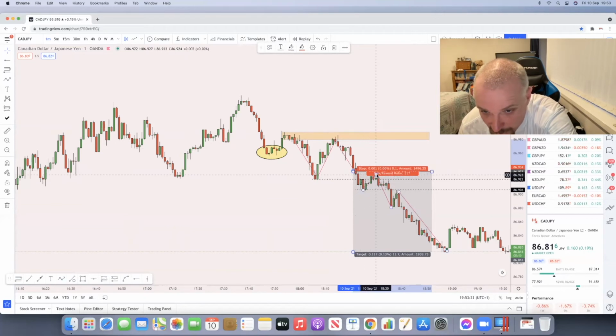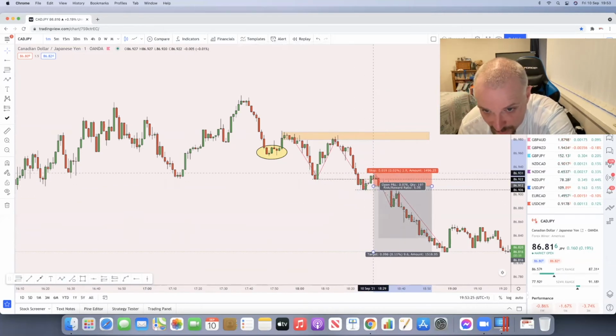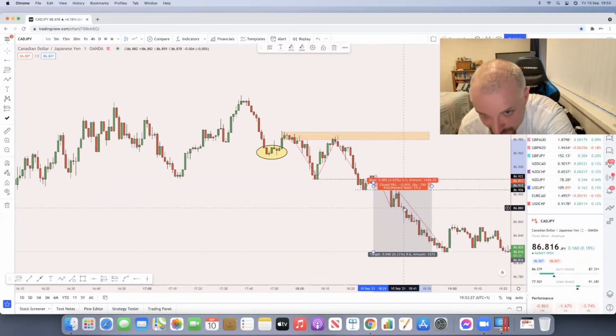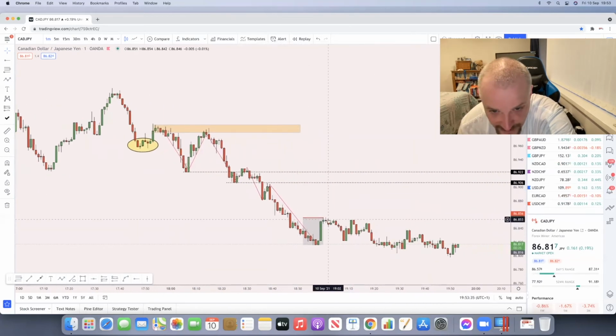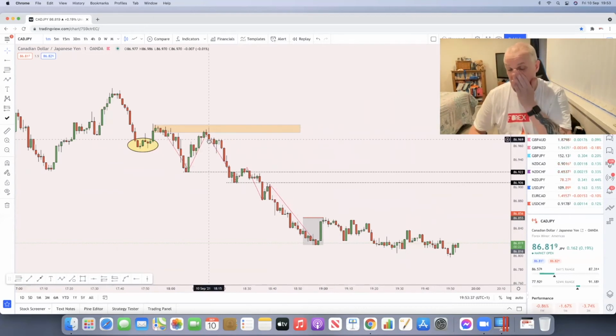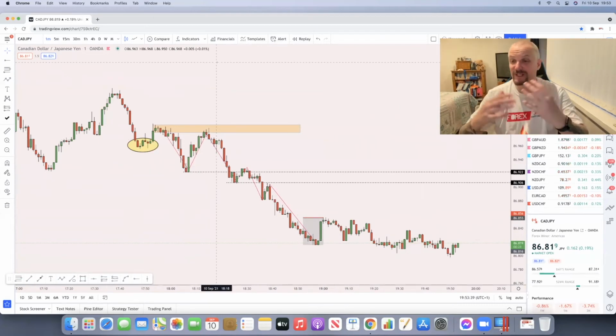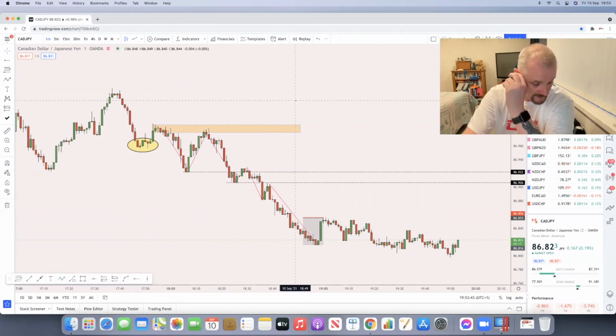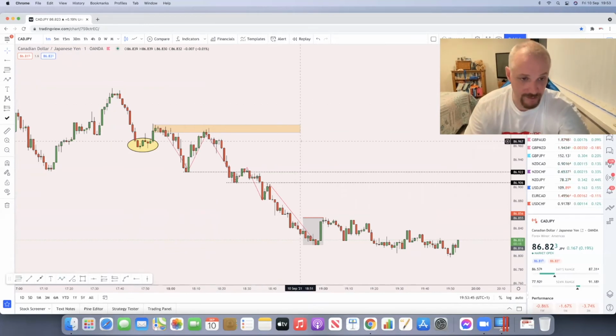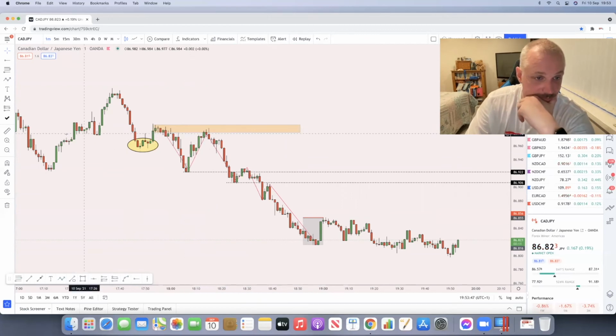As you come back up and it rides down, you simply just move your stop loss down on there, and as it comes down again, move your stop loss down. It would have been around about there, and then this would still be riding, to be fair. So there was a good trade to be had on that. That's a bit more advanced in your trading, to be fair, on taking trades like that. Let's get that right.